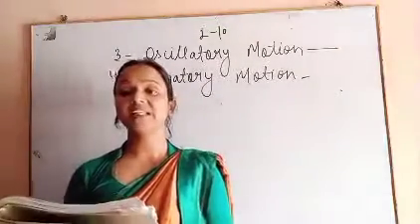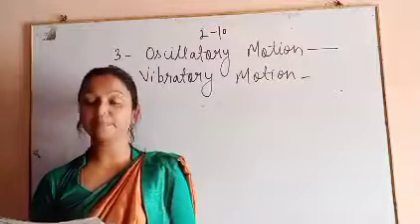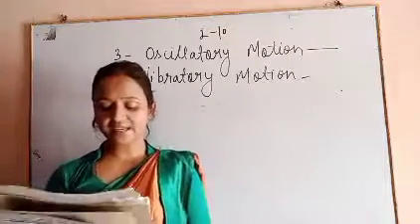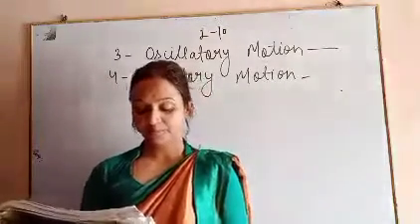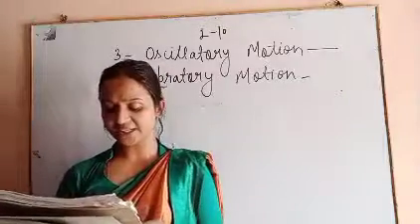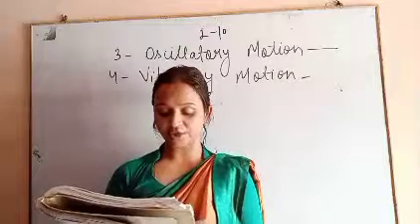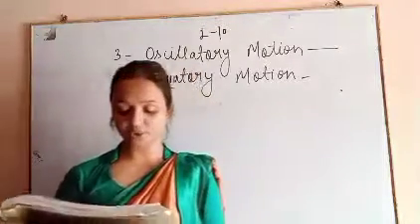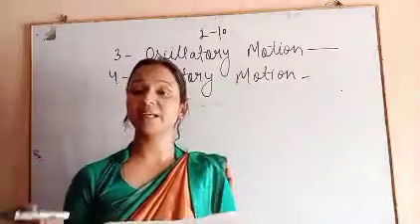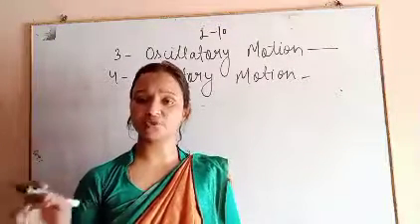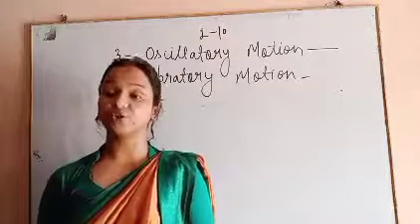Figure 10.33 shows a metallic wire stretched between points A and B. When the wire is plucked from the middle, it starts moving up and down. However, the motion is not oscillatory in nature because the whole string does not move up and down. This type of motion is called vibratory motion.